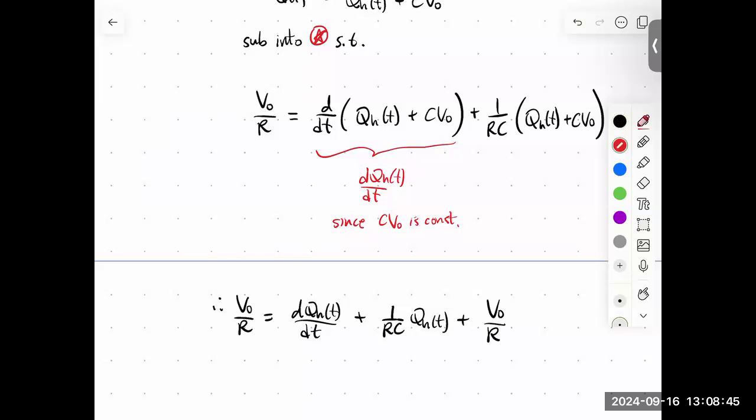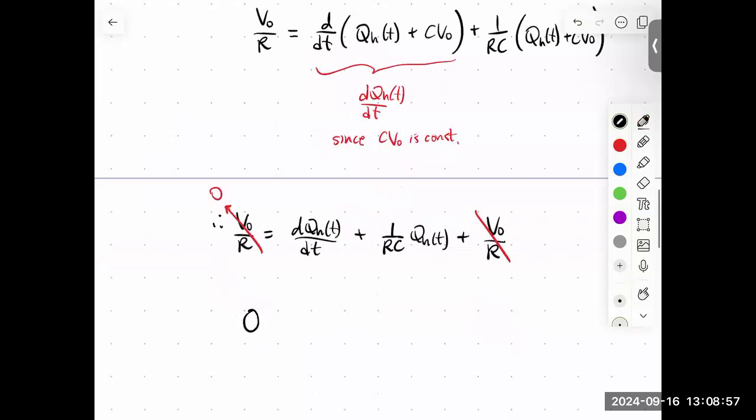Well, that's quite nice, because now I have a V naught over R on both sides of my equation, and so I could cancel them. And then what we're left with is 0 is equal to dQH dt plus 1 over RC QH of t.